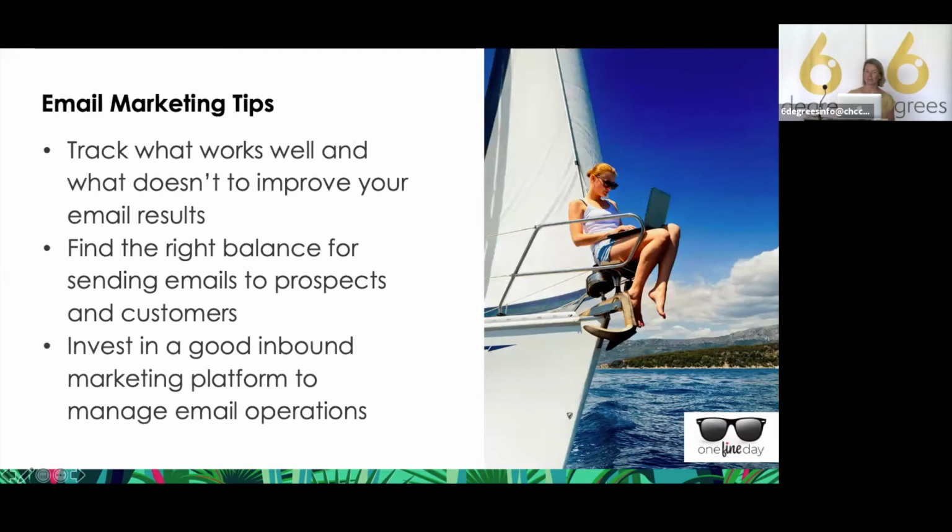So, tips for email marketing. Start tracking what's working really well and what doesn't, and you can do that with those tools that we've spoken about. Find the right balance. I think that the emails you send to people who might be interested versus those who are engaged look very different, so do try and send different types of emails if you can, and invest in a good platform.